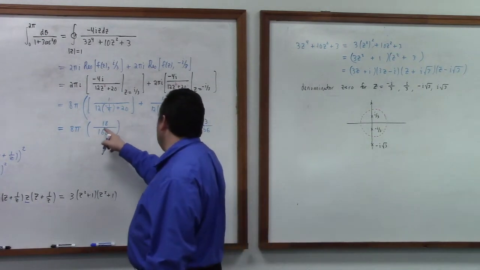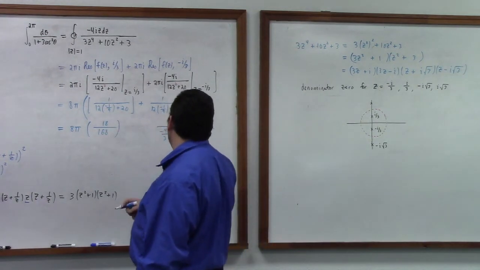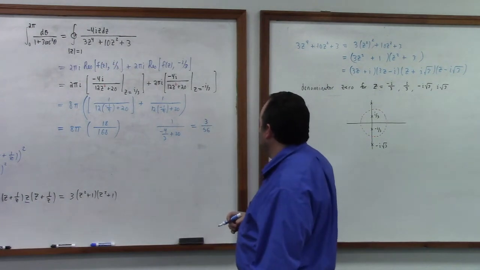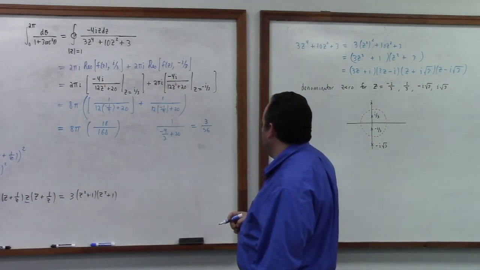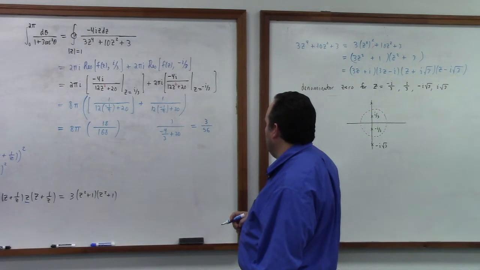Did you do both of them? Because that's only one of them. When you add them together, you get 6 over 56. Oh, 6 over 56.